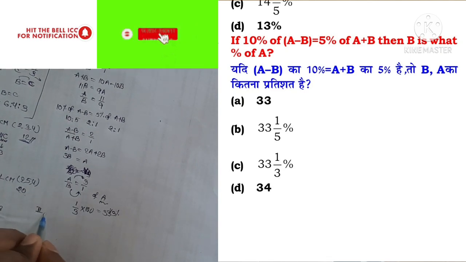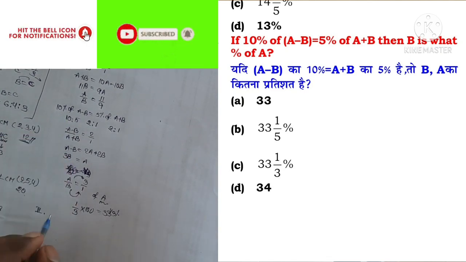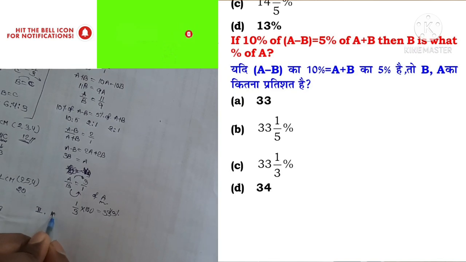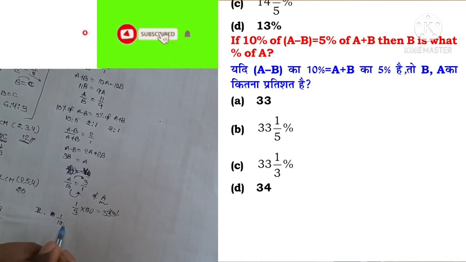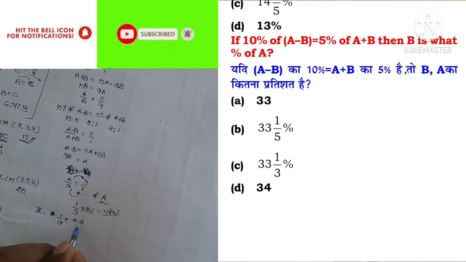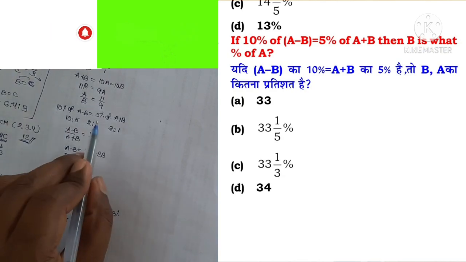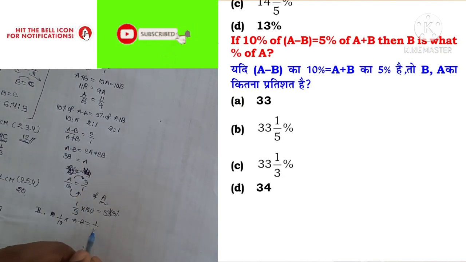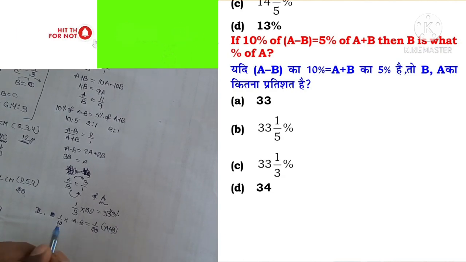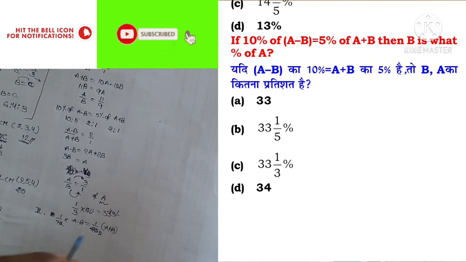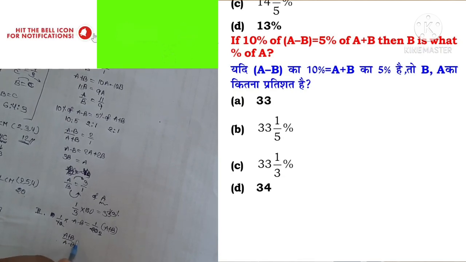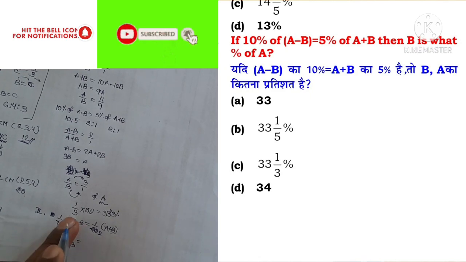So second method. 10 percentage of a can be written as 1 by 10 into (a minus b) is equal to 5 percentage, which can be written as 1 by 20 (a plus b). This is cancelled 2 times. So (a plus b) by (a minus b) is equal to 2 by 1.